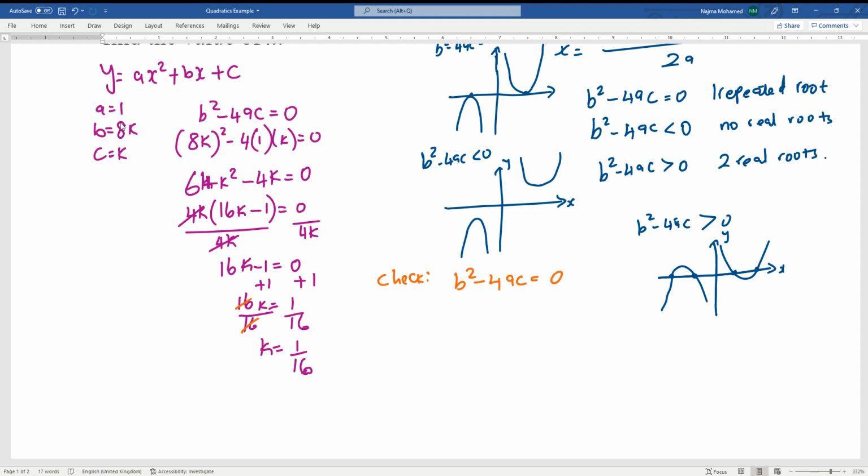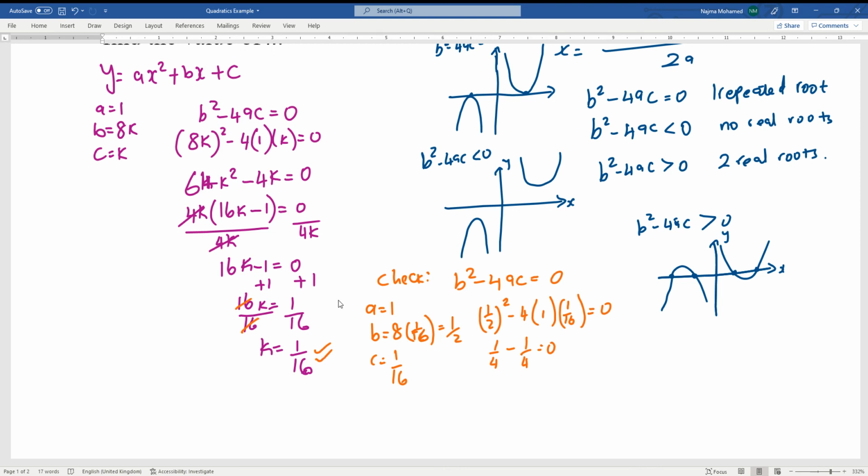My b is 8 times k, and my a stays the same, 1. b becomes 8 times 1 over 16, which is a half. And my c is 1 over 16. So a half squared minus 4 in brackets 1 over 16 should give me 0. That gives me a quarter minus a quarter equals 0. So yes, my answer is correct.